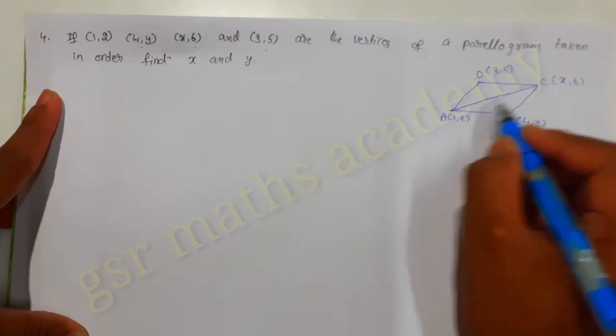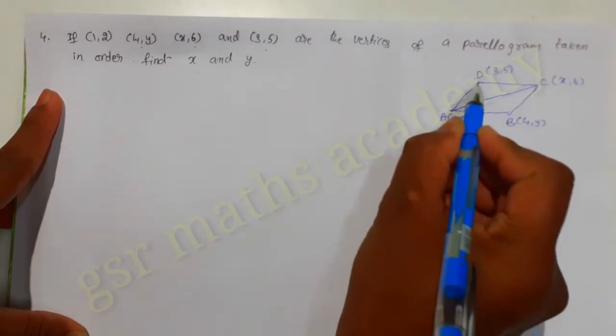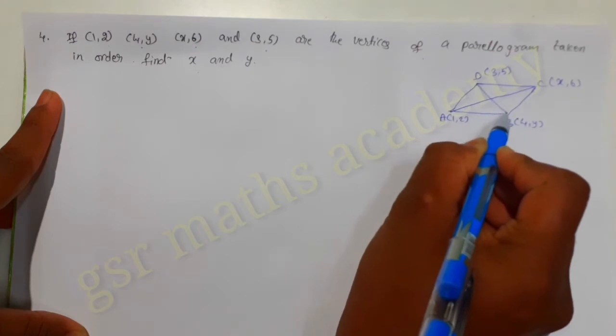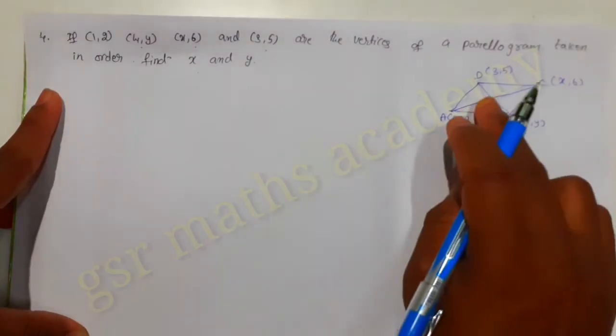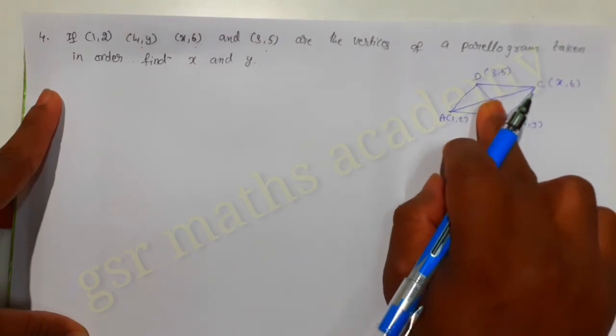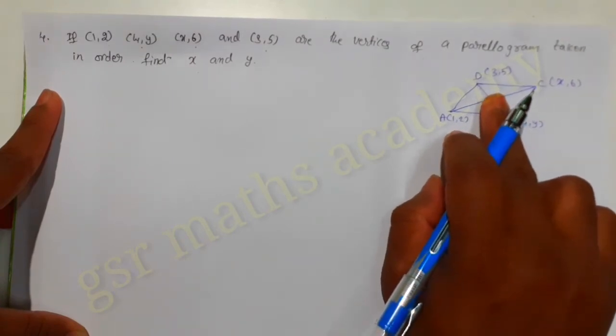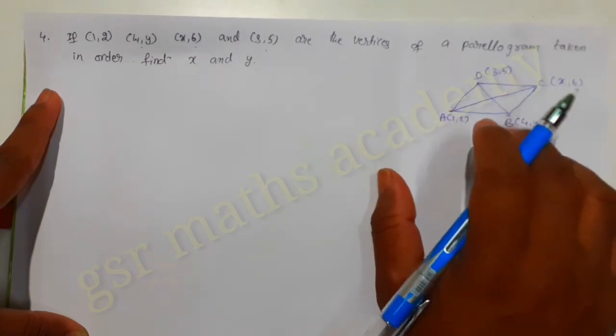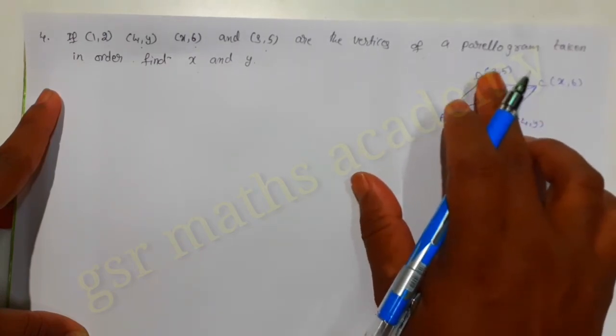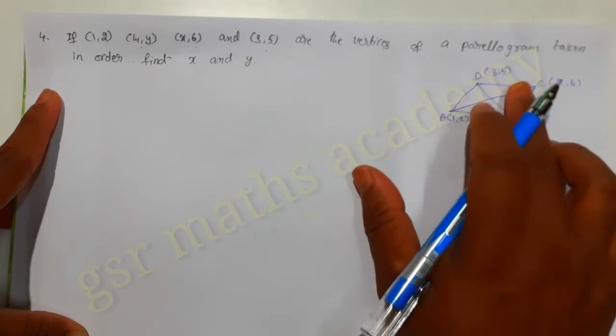Here AC is a diagonal and BD is one more diagonal. The property related to the diagonals is that the diagonals of a parallelogram bisect each other. That means diagonal AC divides BD into two equal parts, and diagonal BD divides AC into two equal parts.